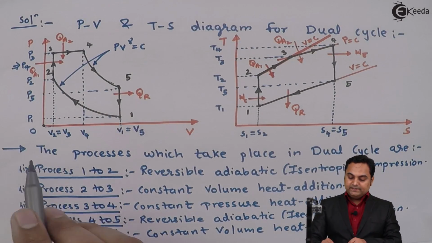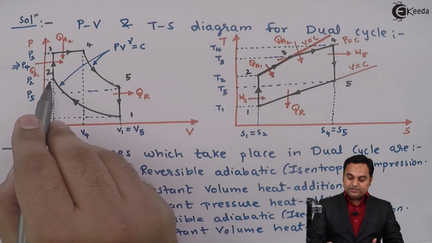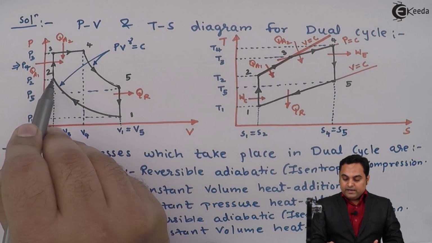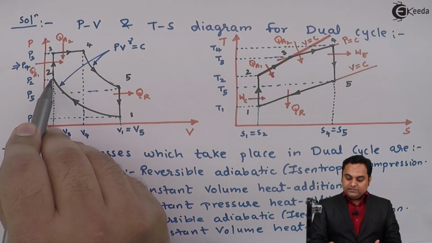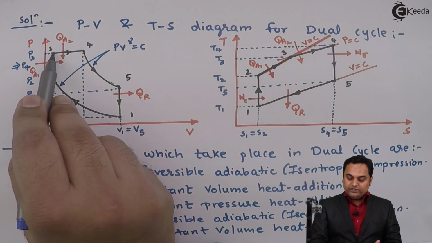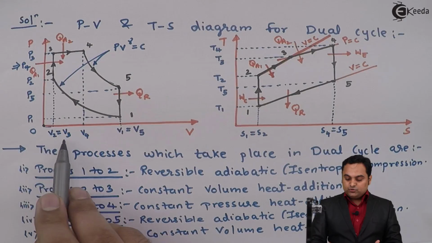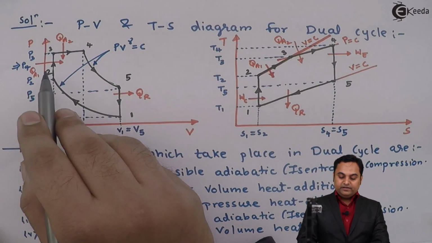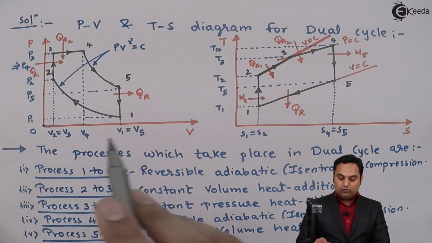So I can say that actually the heat is getting added at point number 2, but even if we take point number 3, since V2 is equal to V3, we can write the relation in the form of volume.